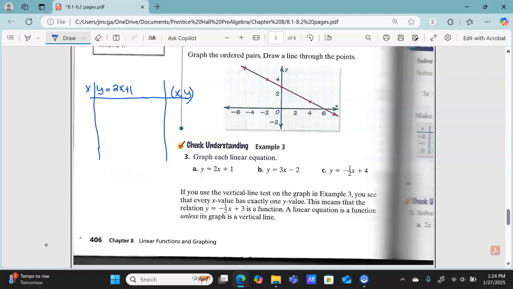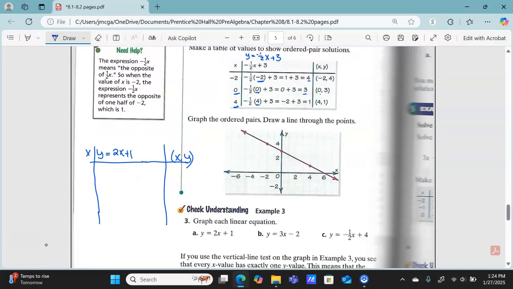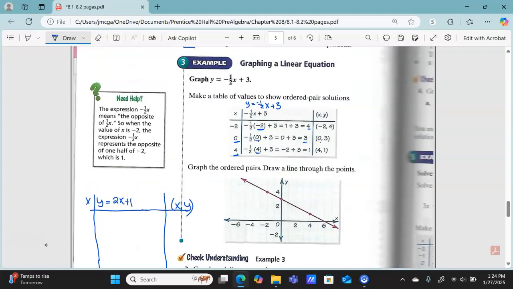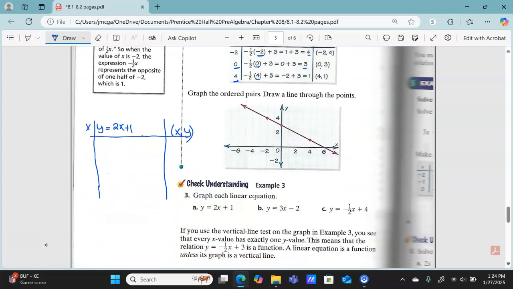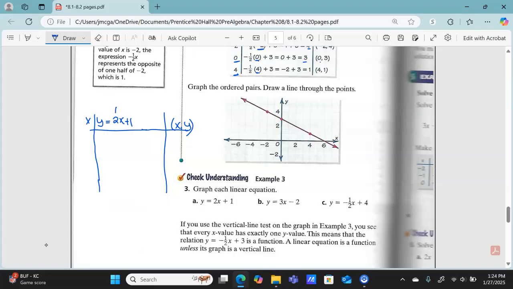Now, up here, they chose -2, 0, and 4, and they chose multiples of 2 because of that fraction right there. Because of the denominator of that fraction, it makes sense to choose multiples of 2. Since I don't have a fraction sitting in front of my x, I'm just going to pick 0, 1, and 2.